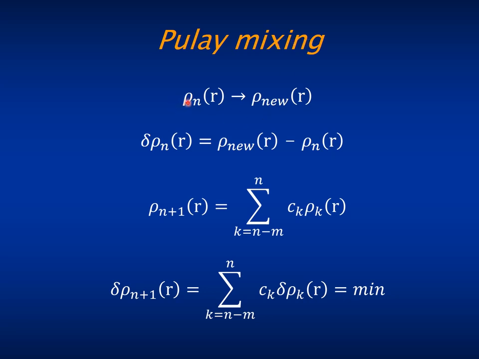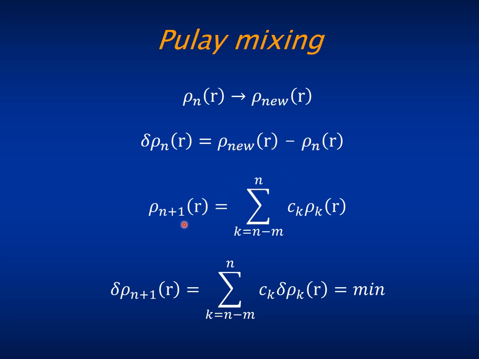If you have some input density at the nth step of the cycle and the output is rho out, we can define the difference between the output and input densities as the residual difference. Now, what you would like is that the residual would be 0, because then the output and input densities would be equal and you would be finished.